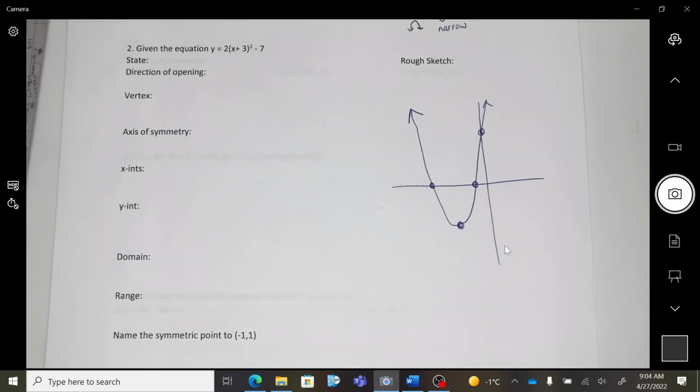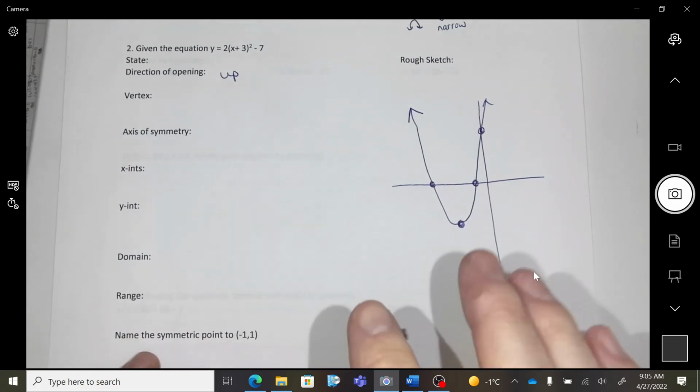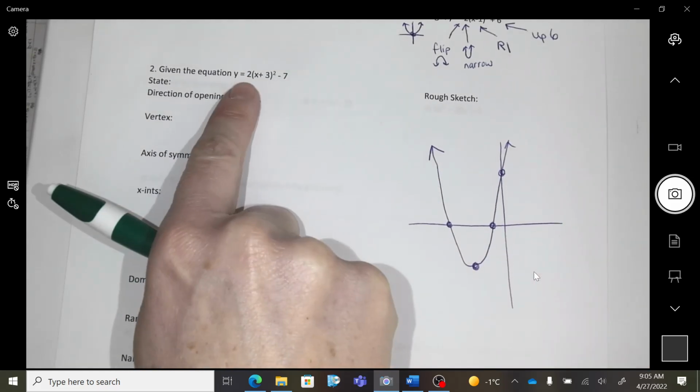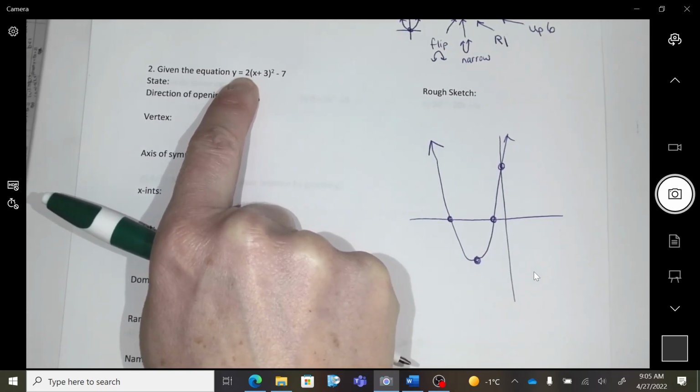Okay, everyone's good with how theirs looks? Direction of opening, it opens up. I can obviously see from the graph, but algebraically, it's because there's a positive 2 in the front. That's why.